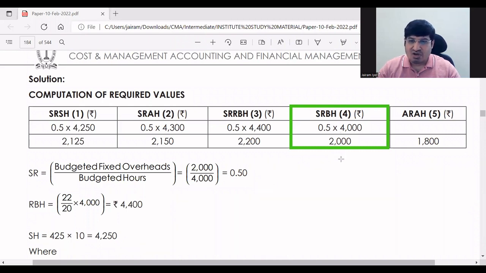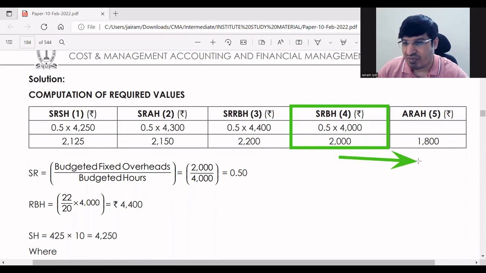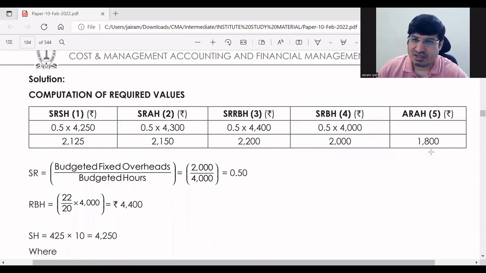So it will not go this side, it will always go to the right. So what will be your budget expenditure spending variance? 4 minus 5.